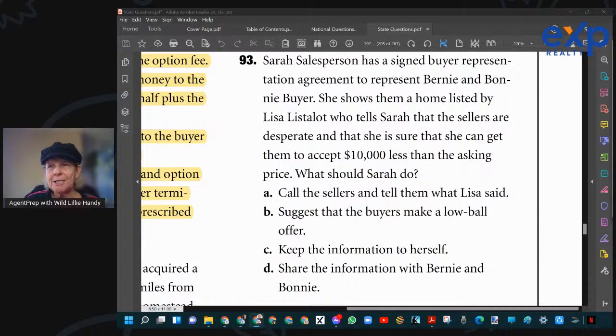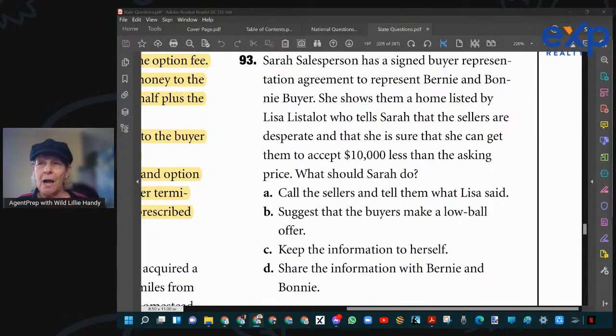Sarah represents the buyer. So anything that Sarah knows, she must disclose to her buyer, even if it's something the listing agent told her. Hey, it's not her fault the listing agent shared that information, right? It's best for you to disclose because you represent the buyer.